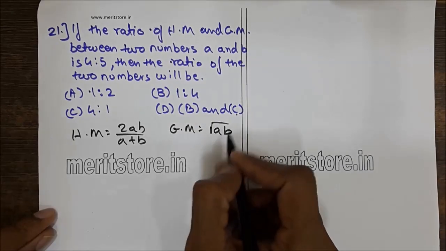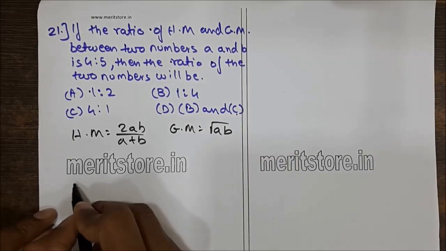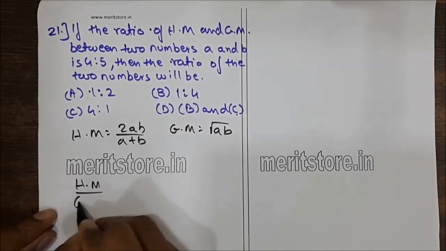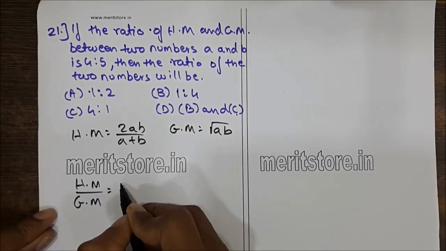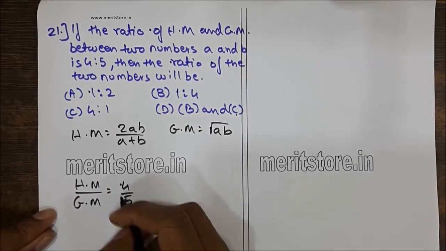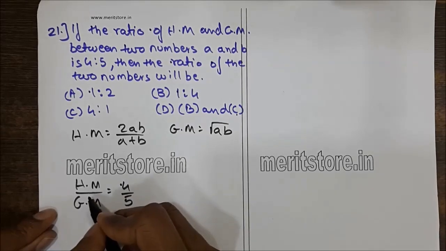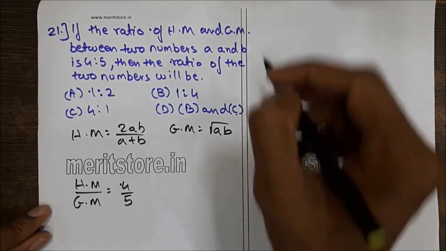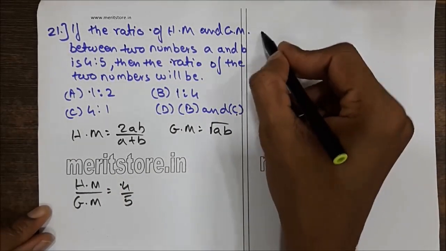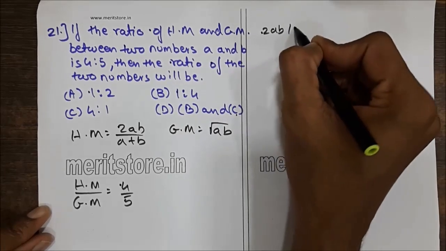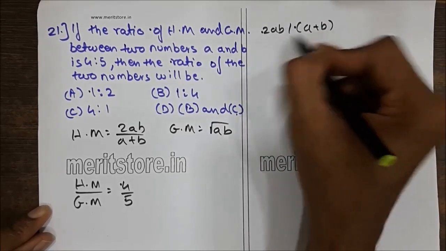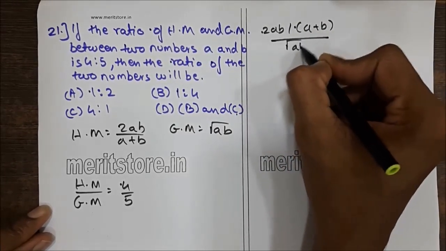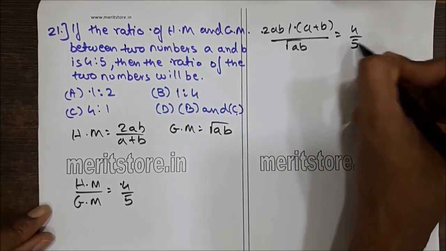So we take the ratio of both, that is harmonic mean upon geometric mean, which is equal to 4 upon 5. Substituting the values, we get 2AB upon (A plus B) upon root AB equal to 4 upon 5.